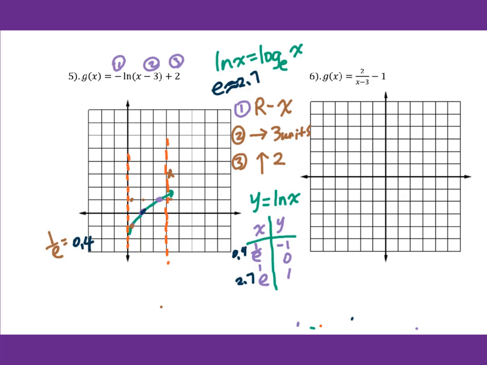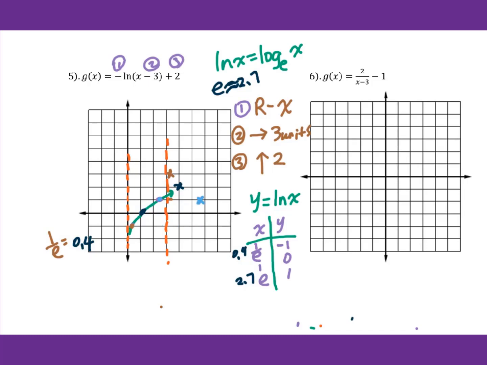Then I go to these points. Reflect across the x-axis, still stay. Then right 3, 1, 2, 3, go up 2, go here. Then we go to these points. Reflect across the x-axis, go here. Then move to the right 3, 1, 2, 3, go up 1, 2, we go here.